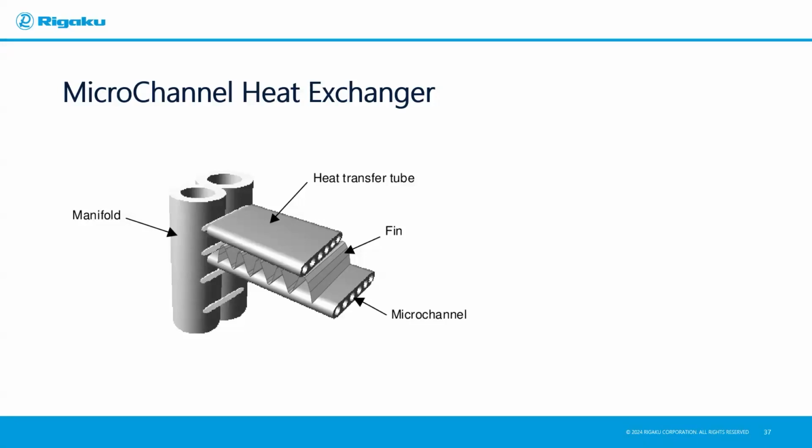These are things that you would find, for example, in automotive equipment, maybe your refrigerator for cooling. Basically, you might find them in some electronic components. In this case, what you have is a heat transfer tube with a refrigerant flowing through, and adjacent microchannels are connected by fins.